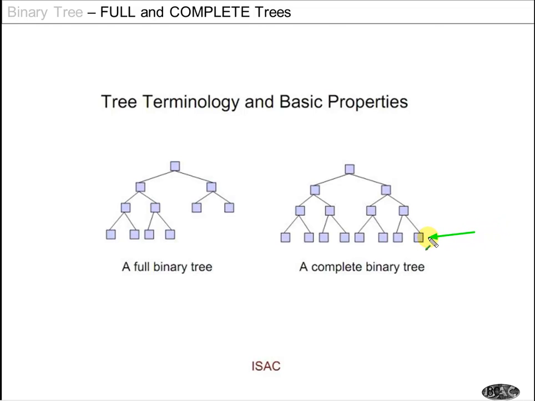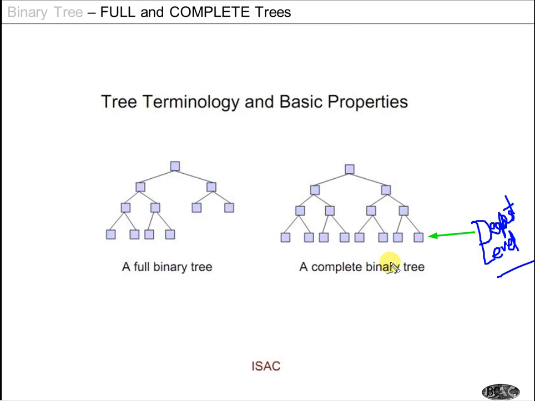This is the deepest level. Now except the deepest level, all the levels have as many nodes as possible. True, true, true. And even if 1 or 2 was not here, it was still a complete binary tree.